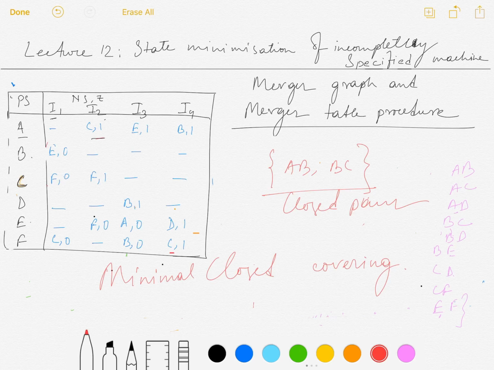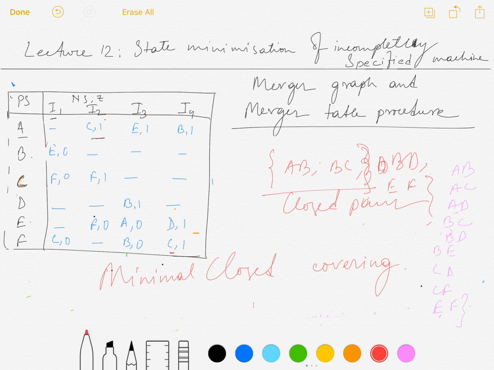DE is not present, so let us include BD, then include EF. Then A, B, C, D, E, F, all the states are present. Now, AB and BC are closed, fine. For BD, it does not have any implied pair, fine.